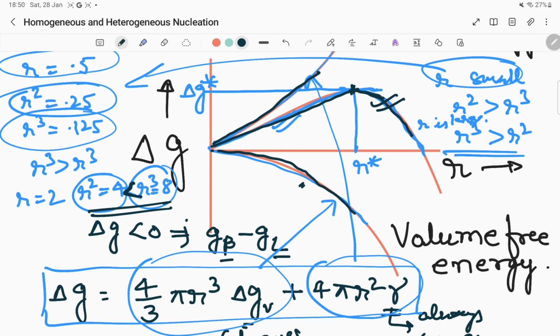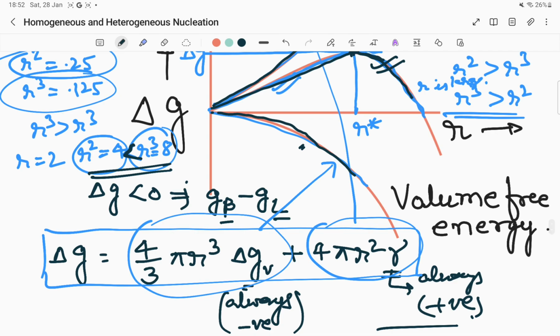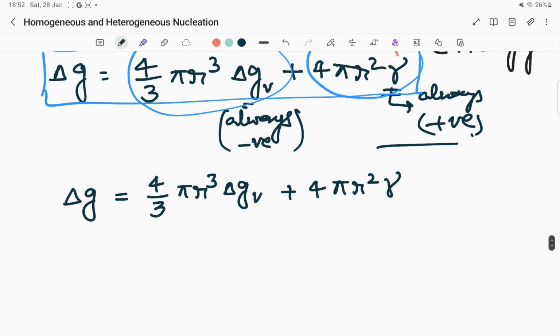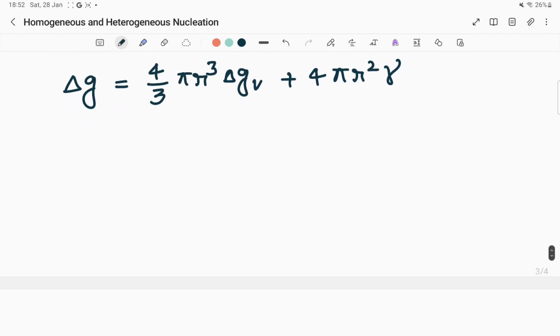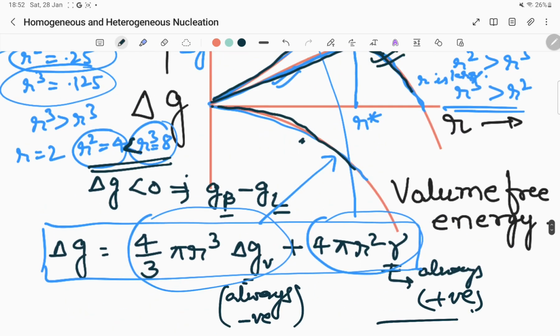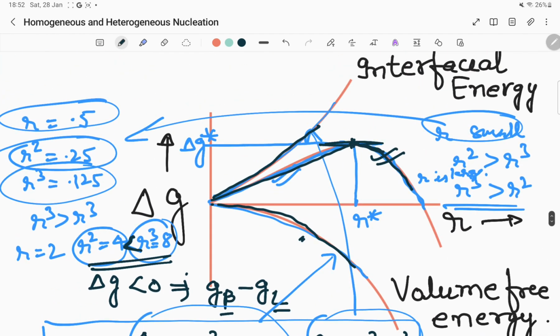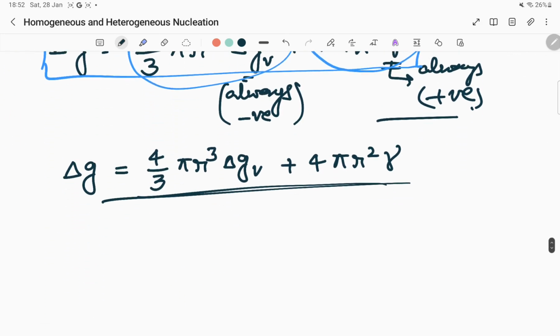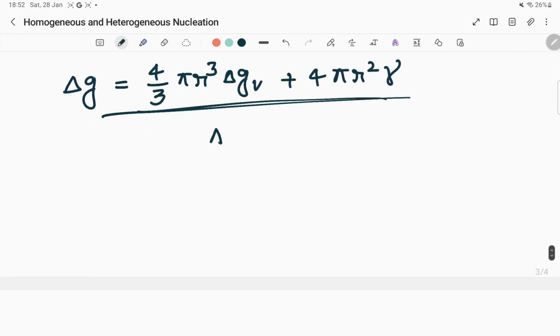So first the interfacial energy will play a dominant role, and after that the volume free energy will play a dominant role. Okay, let's calculate R star corresponding to delta G star. We will calculate the R star from this equation. In this curve at R star the slope is 0, that means d(delta G)/dR is equal to 0. This is the condition.